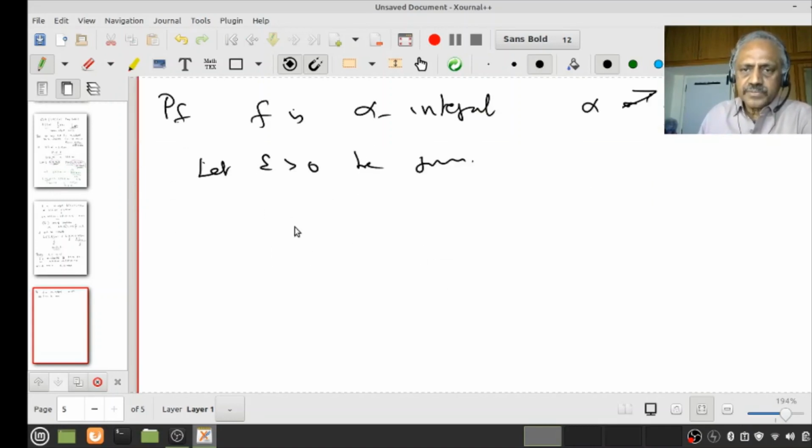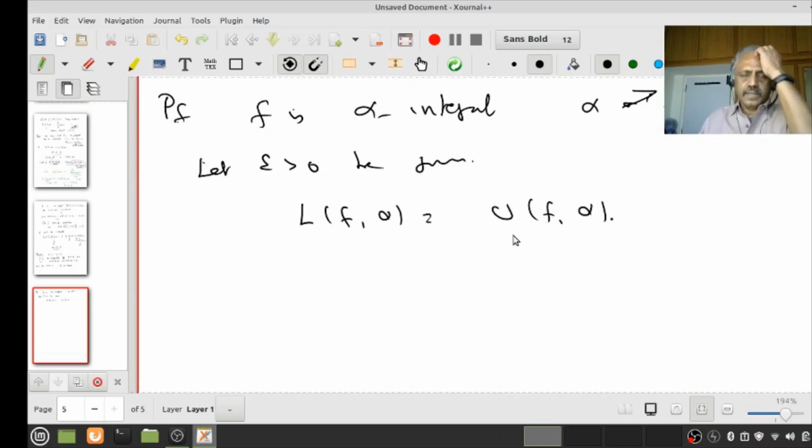Since f is alpha integrable, I know Lf alpha equals Uf alpha, right? But what is Lf alpha? It is the least upper bound of a set of real numbers. If you are given epsilon, and if you had gone through my lectures on LUB, GLB, you should know what to do. The only way to exploit the least upper bound is least upper bound minus any positive number. Therefore, let's look at Lf alpha minus epsilon.